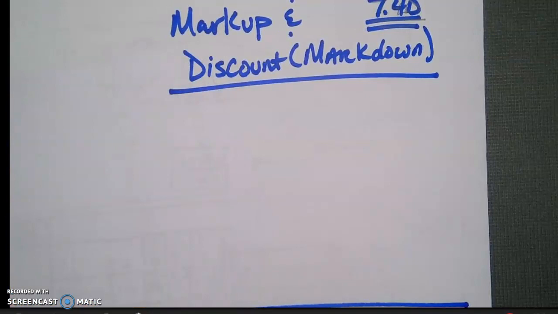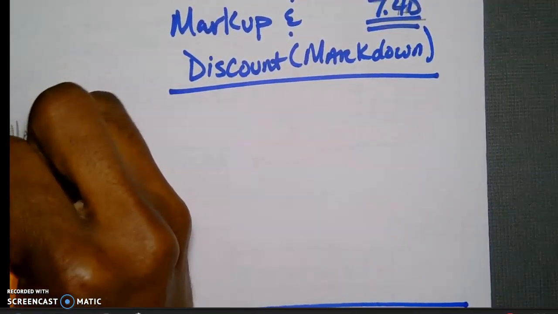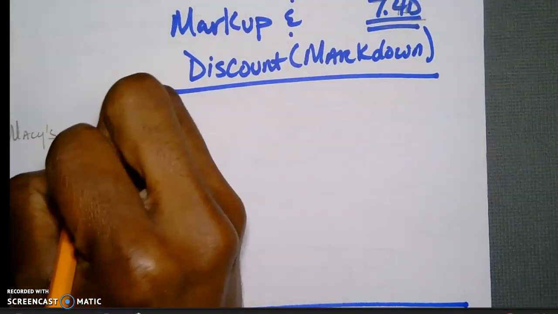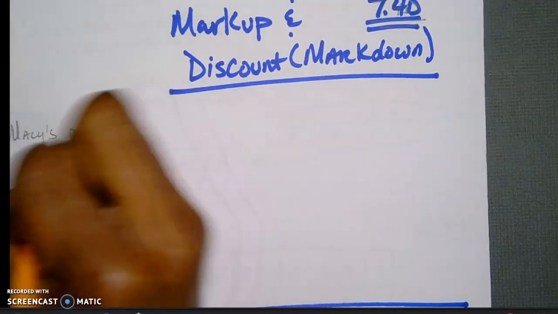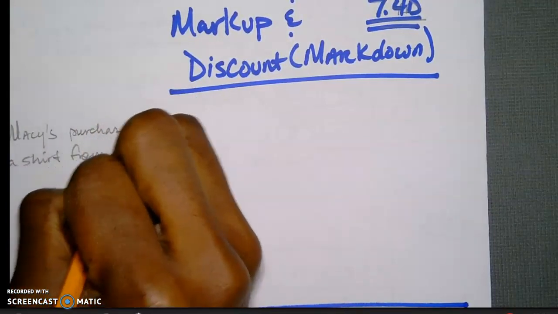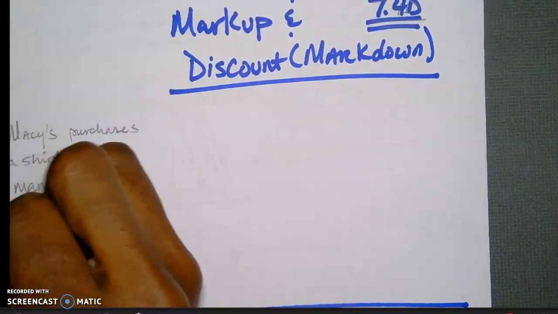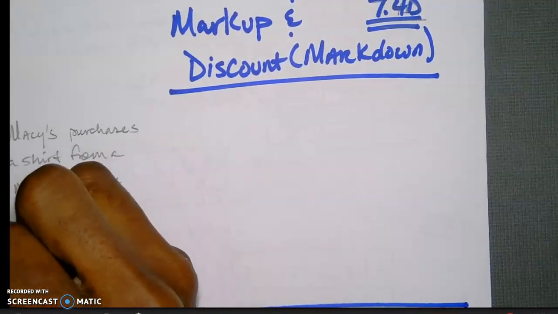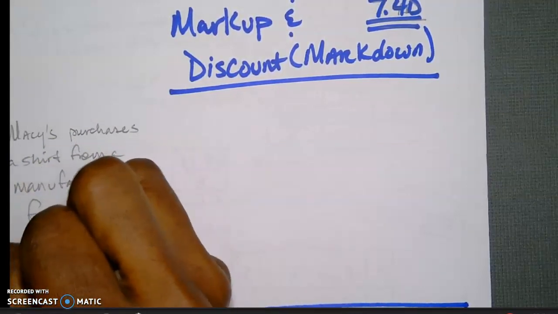So we're going to say that Macy's, one of my favorites, purchases a shirt from a manufacturer for $20.